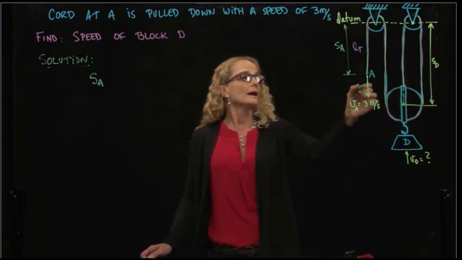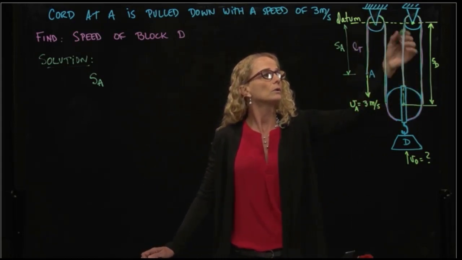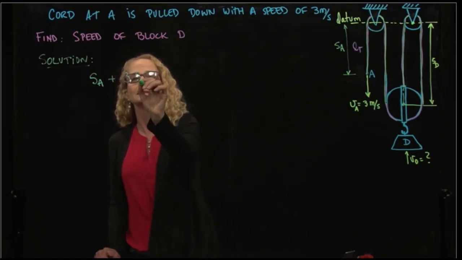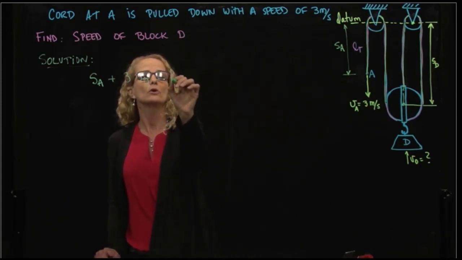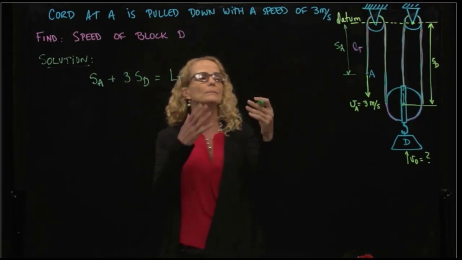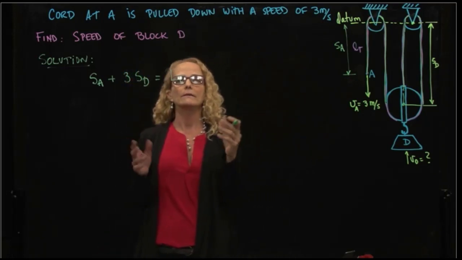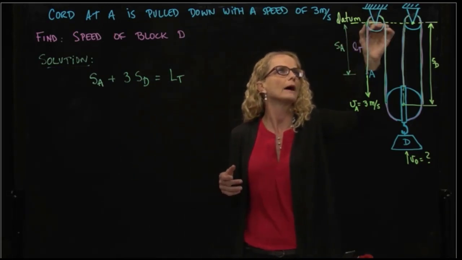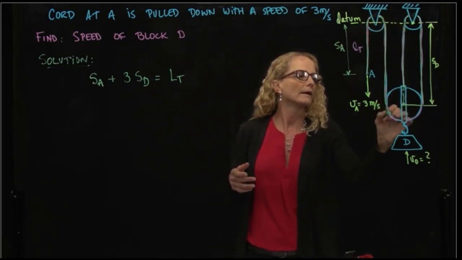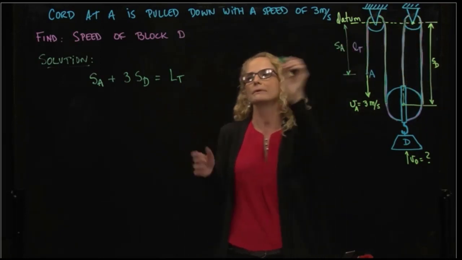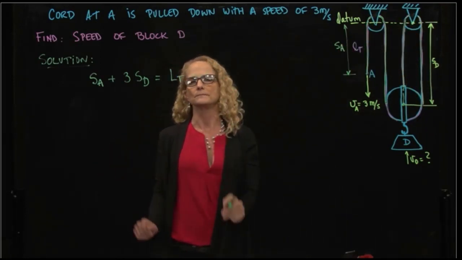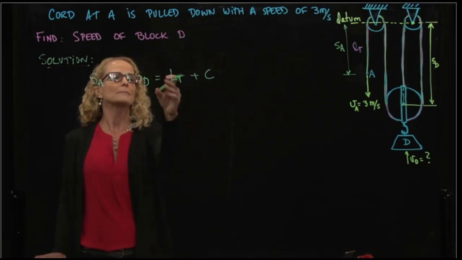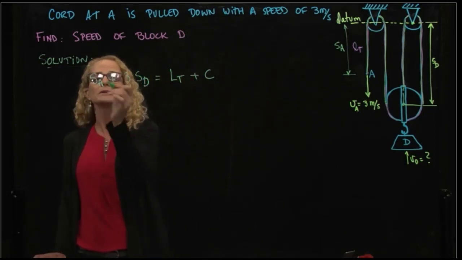So if I want the whole cord, I could say that this is SA plus 3SD, and that's the total length that will be changing. Obviously, if you feel more comfortable, I could add these little pieces that will be constant. I just named it constant. So this is the expression that will describe my length of the total cord, and I will derive that expression.